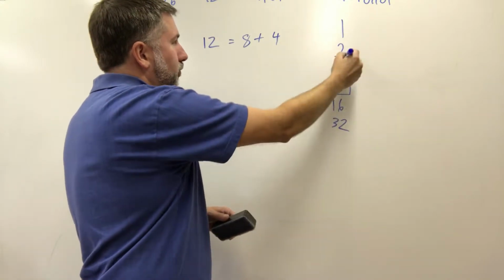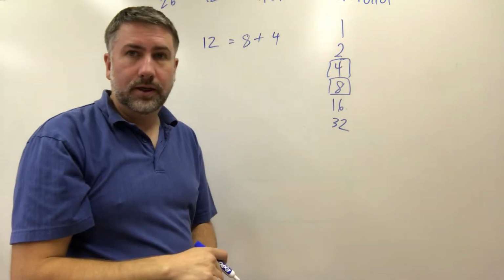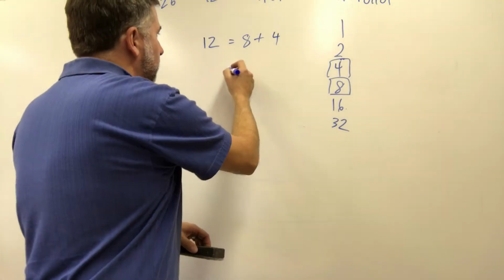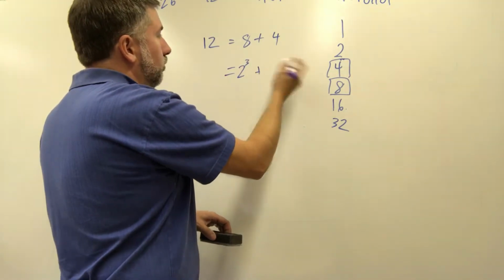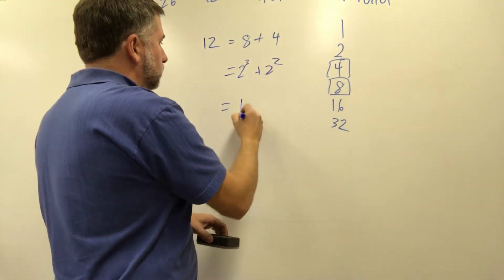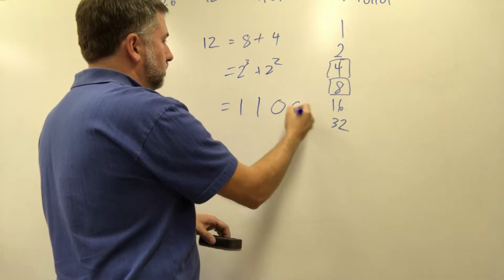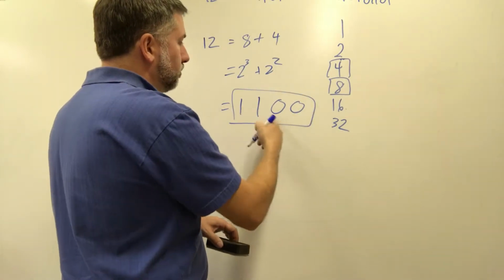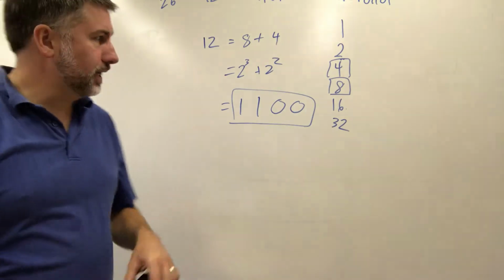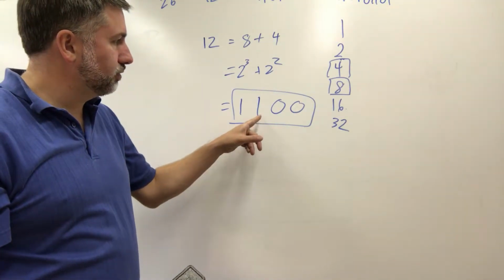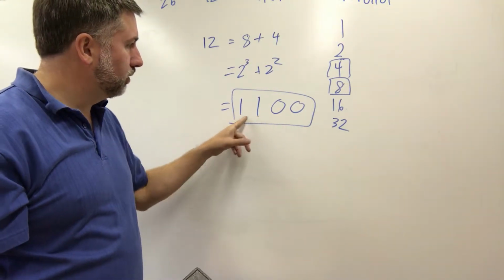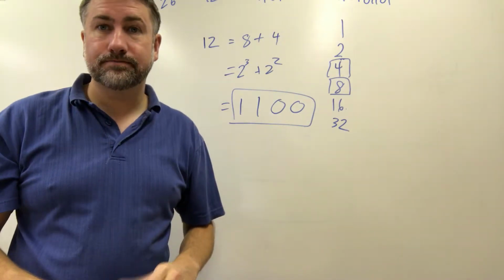So if we add 8 and 4, then we're done. 12 is 8 plus 4. So 8 is 2 to the 3, 4 is 2 to the 2, so this is 1, 1, 0, 0. You need those zeros as placeholders to indicate that this is actually 2 to the 2 instead of 2 to the 0. So this is 12, 1, 1, 0, 0. And that's our answer. Good.